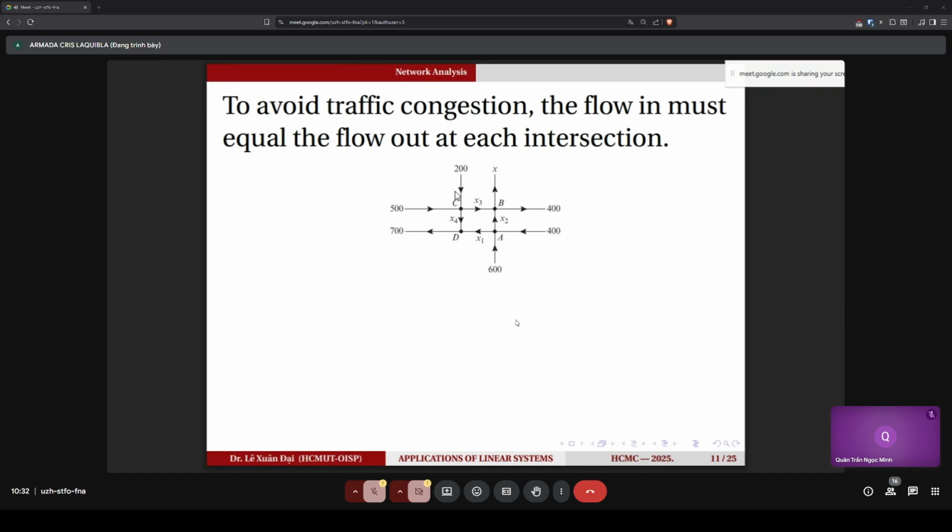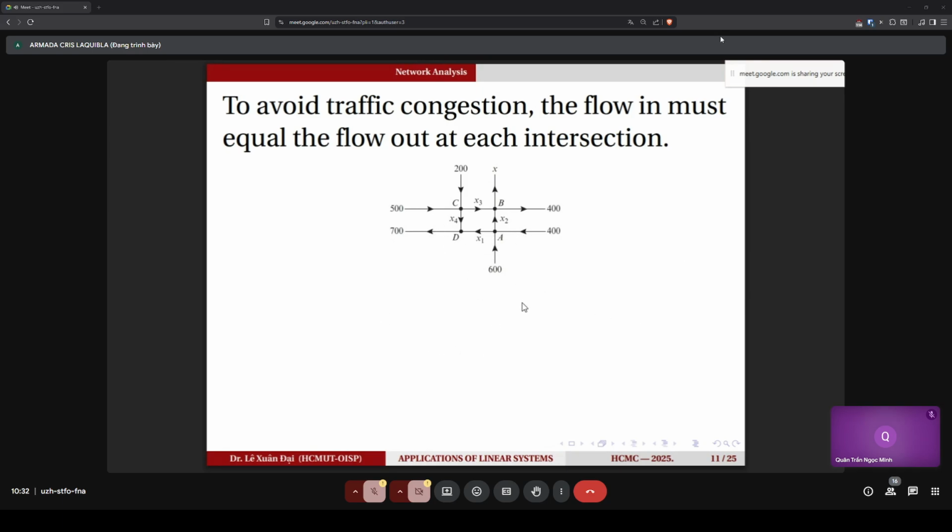Because if this is flow in here, then it will go in here in the x2. And here 500 flow in also for your x3 here. Then look at the direction because they are the same. So 600 is here, so your x2 direction is going there, then going to the traffic light. Then here also, okay. So that's it. So the directions are now the same.